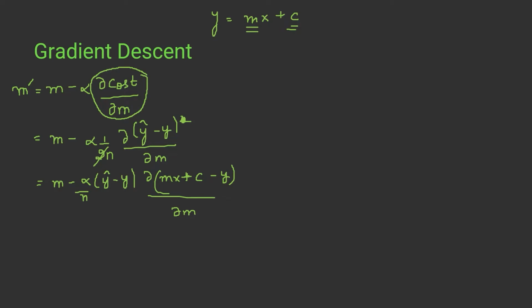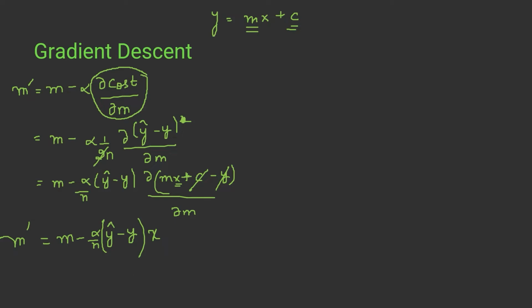So it is equals to m minus alpha by n, y predicted minus y, and when we differentiate this particular function with respect to m, this will cancel out, this will cancel out, and we will be left with x only, right? So this is the final value of our new m value. So new m value will be equal to m minus alpha by n, y predicted minus y into x.